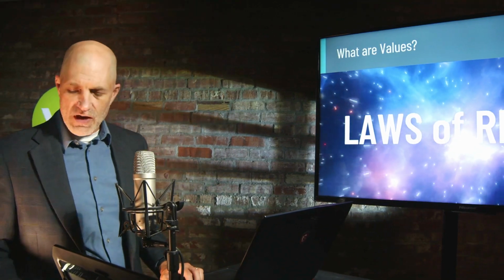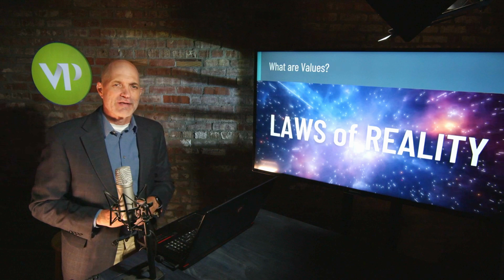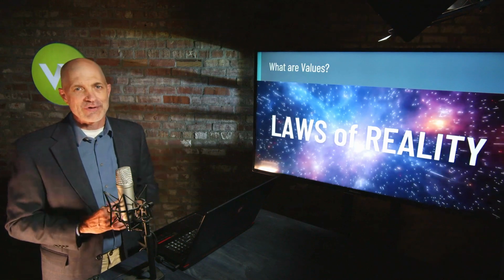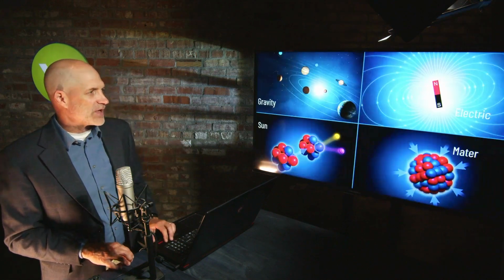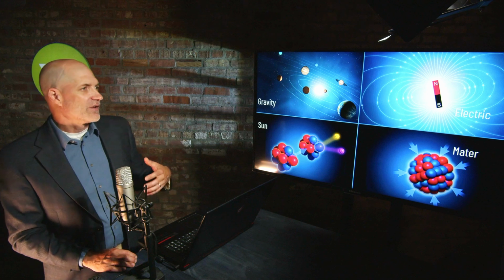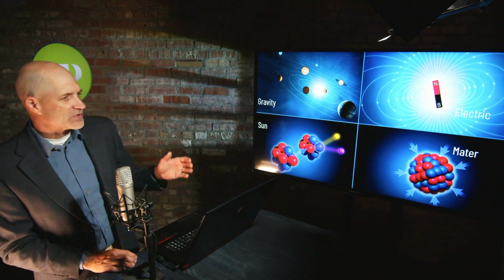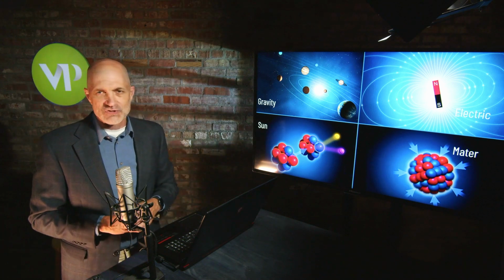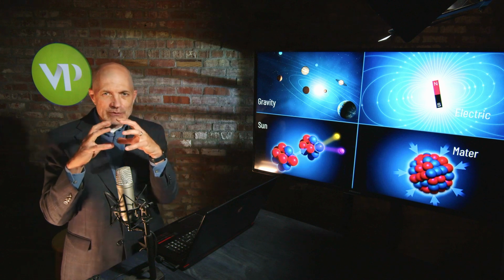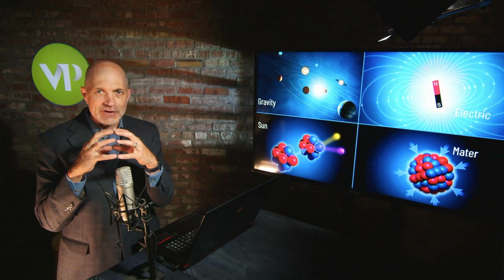Now, we've got certain laws of reality that hold the whole universe together, and I like to use this as a metaphor. We've got gravity, the electromagnetic force, and the weak and the strong nuclear forces. Those 4 forces together hold everything together in the universe.